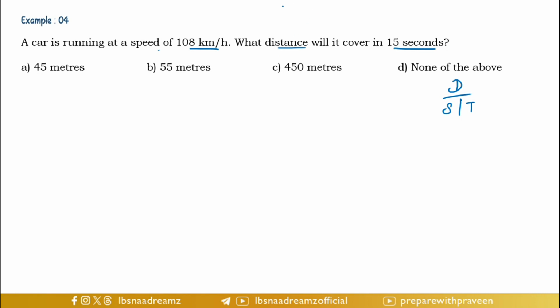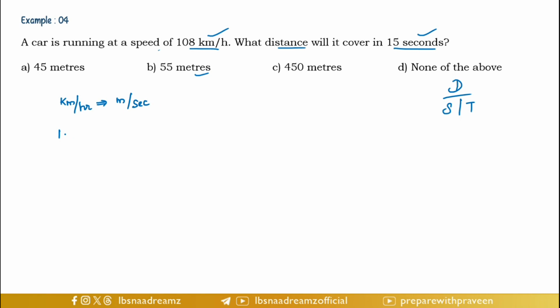Before that, we have to see that here they have given kilometer per hour and seconds here. Also in the answers, they have given meters. So what you have to do, you have to convert kilometer per hour to meter per second.